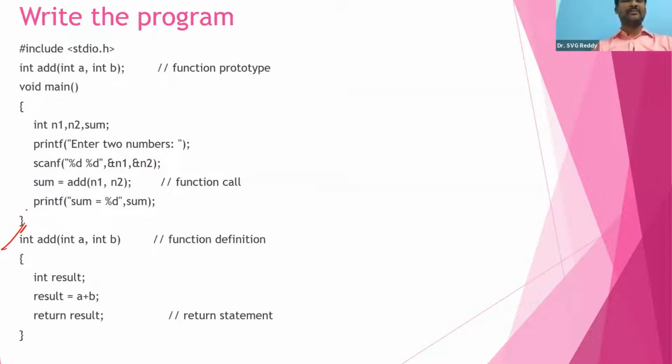Let's go back. See here, for example, void main is there. There is void, space, main, an opening parenthesis and closing parenthesis, and then an opening brace, followed by some statements, of course, int n1, n2, some semicolon. Now, what does syntax error mean? Let's understand.